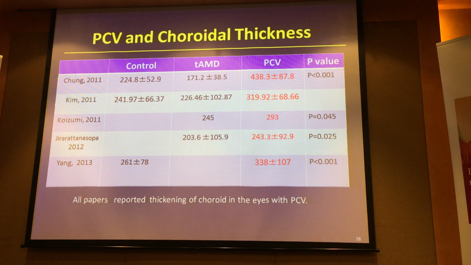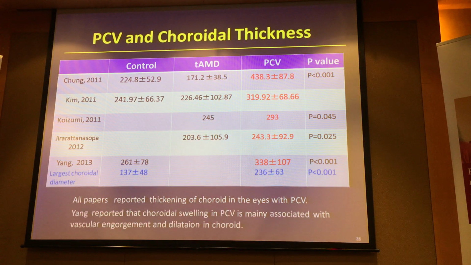There are many reports about the choroidal thickness of PCV. All papers recorded thickening of the choroid in the eyes with PCV. And Jirarattanasopa reported that choroidal swelling in PCV is mainly associated with vascular engorgement and dilatation in the choroid.